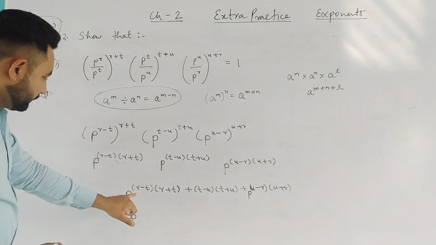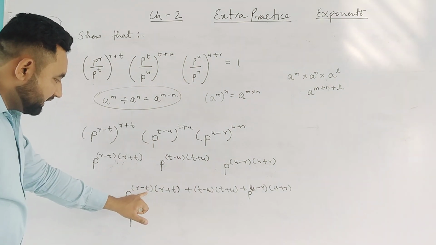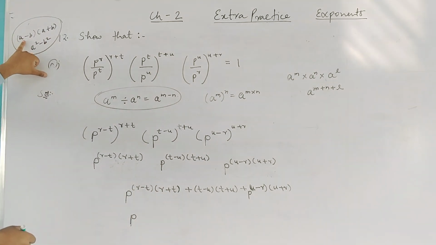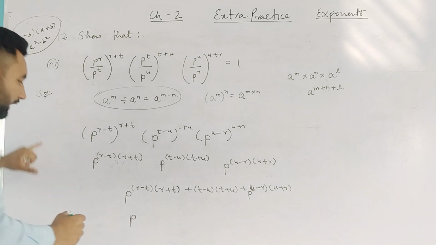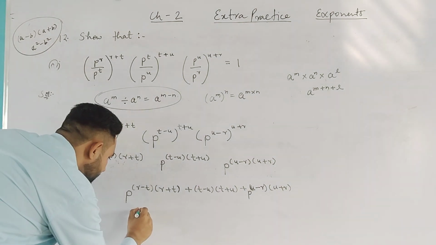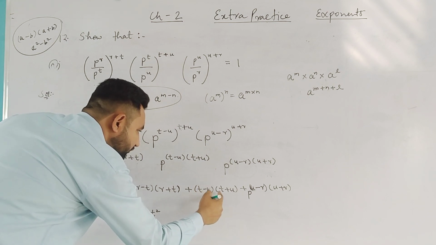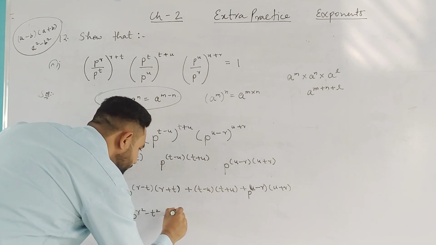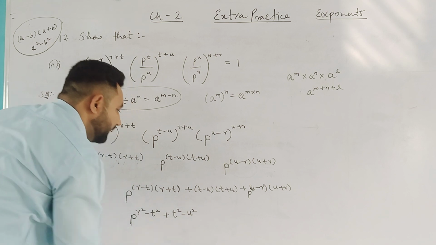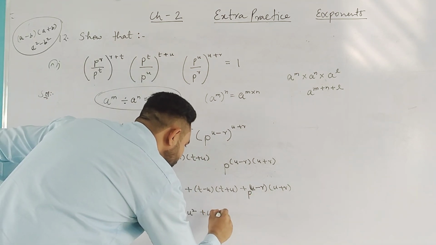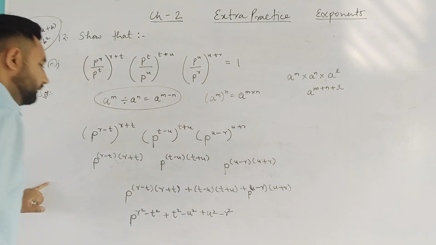So here (r−t)(r+t) is already in this form, so you can write it r² − t². What is (t−u)(t+u)? t² − u². What is (u−r)(u+r)? u² − r².